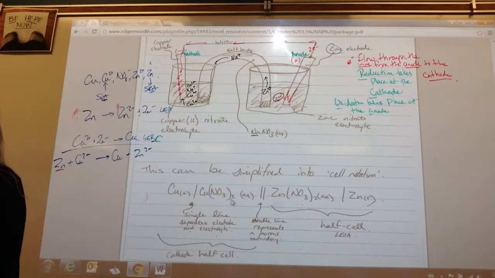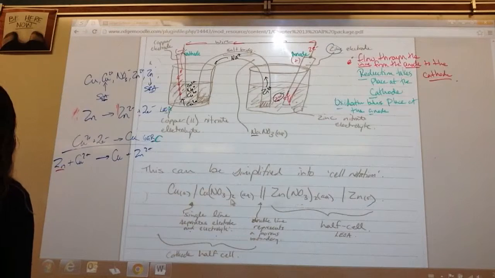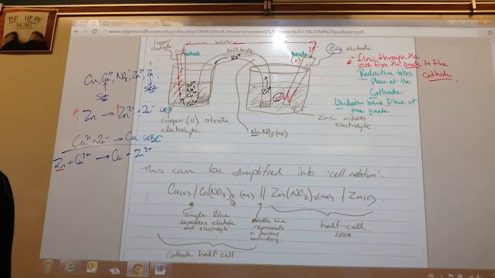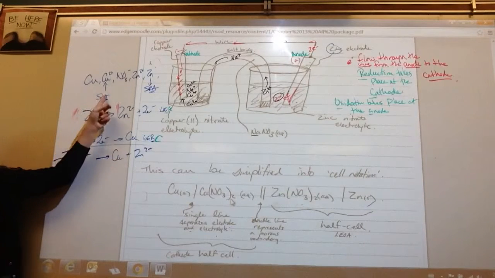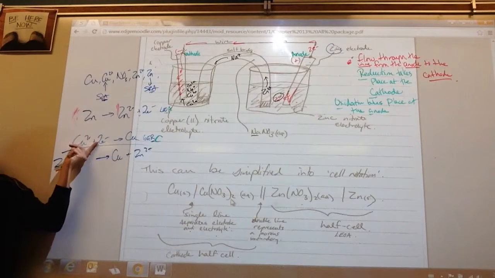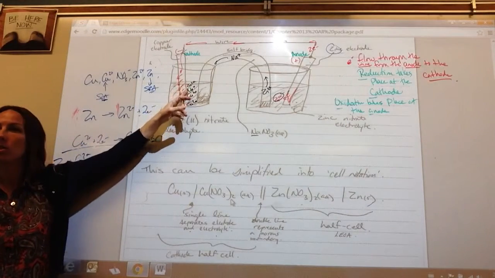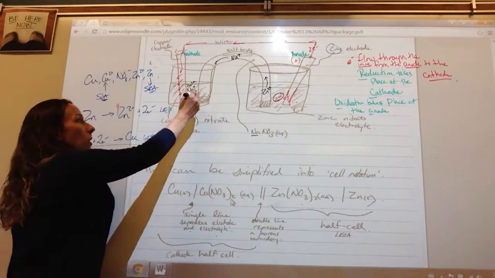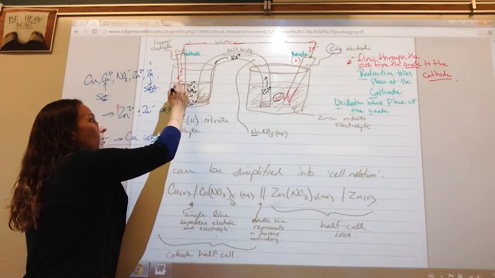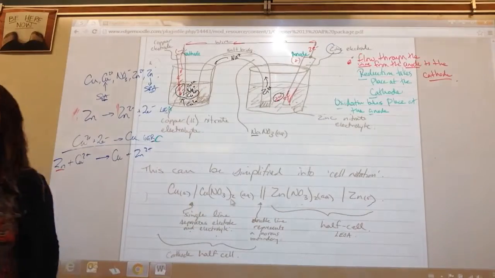The strongest one wins. Who's the strongest one to gain electrons, the strongest one to be reduced, the strongest oxidizing agent? The copper 2 plus. Out of the species list here, the copper 2 plus is the strongest, so it will gain those 2 electrons.